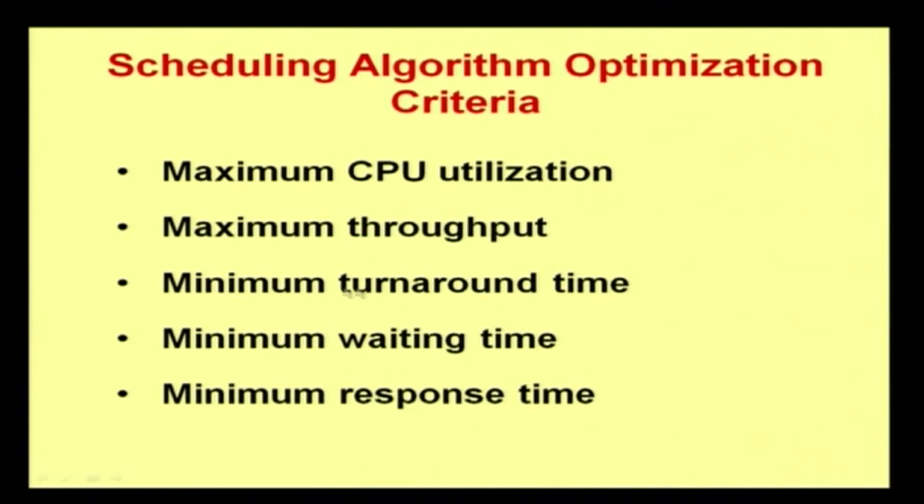Third, minimum turnaround time. Fourth, minimum waiting time. Fifth, minimum response time. So these are the 5 points that are required to schedule an optimization algorithm.